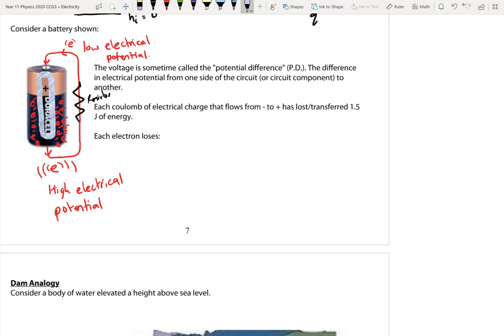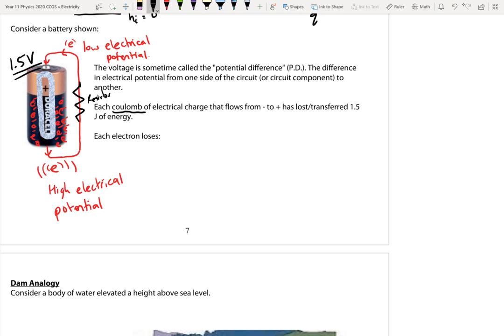So it's a bit strange, but potential difference is from one side to the other. Each coulomb of charge that flows, in this example, let's say we have a 1.5 volt battery. You get your voltmeter and you measure the electrical potential across the battery. It says 1.5 V. That means that each coulomb of charge transfers 1.5 joules of energy.